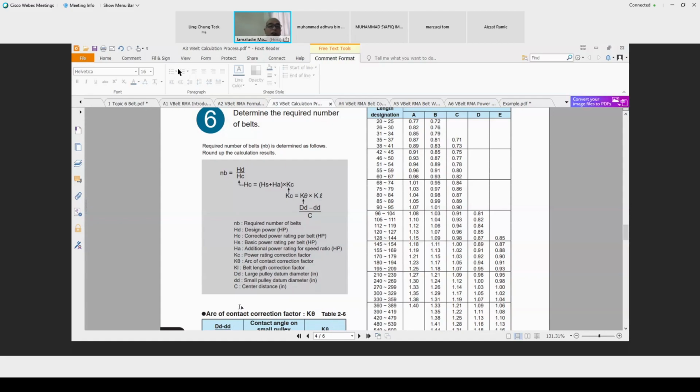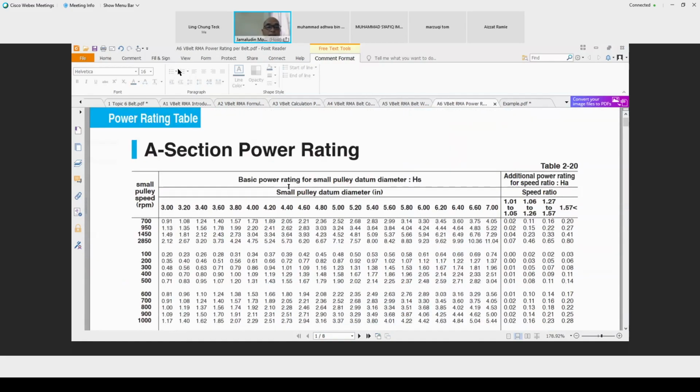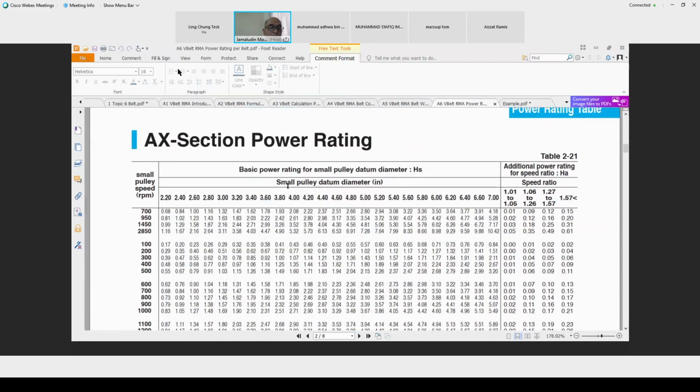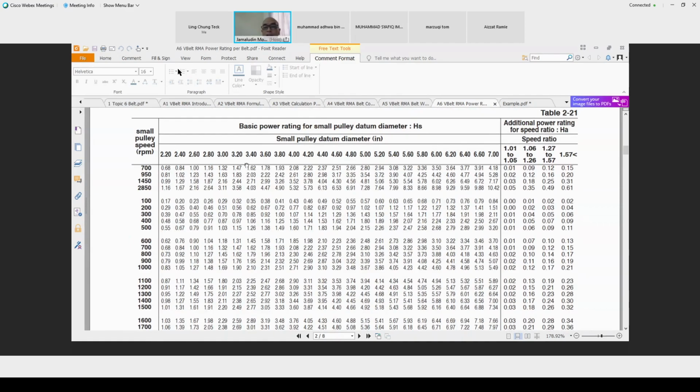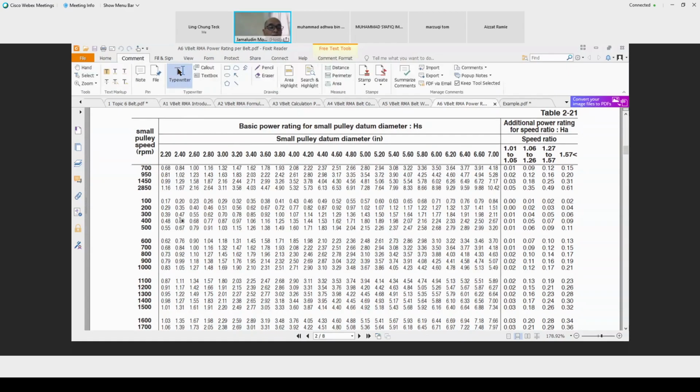For the V belt, let's say we choose C. This is what will happen to the V belt. This is the power for the belt. For example, let's say we have 500 RPM.